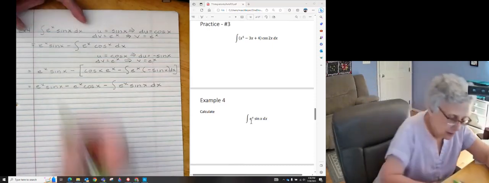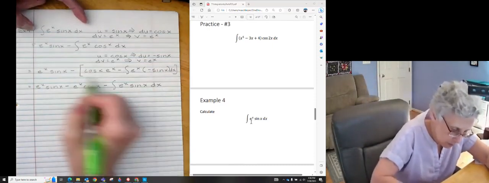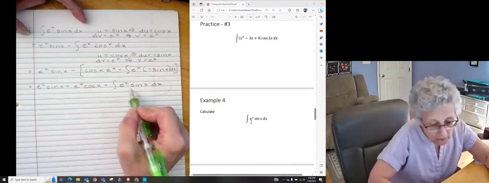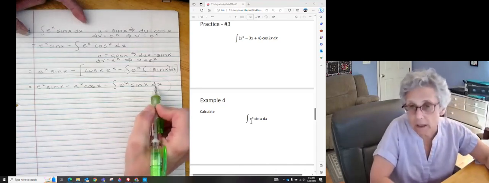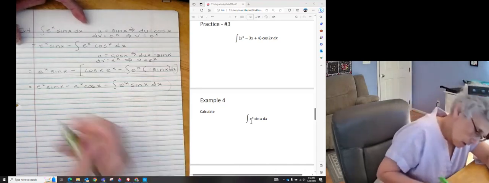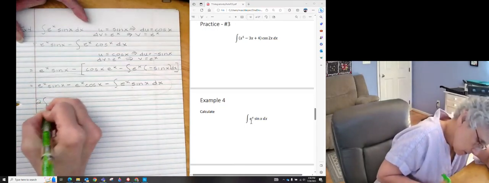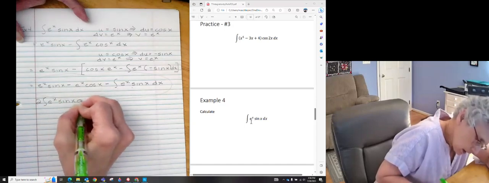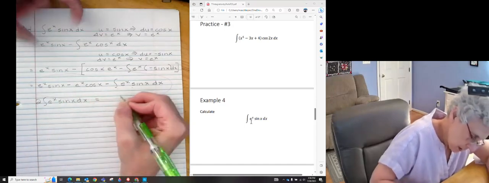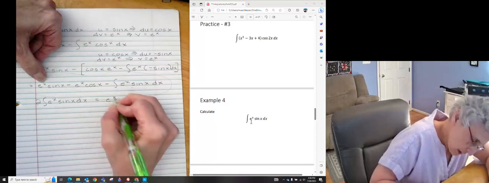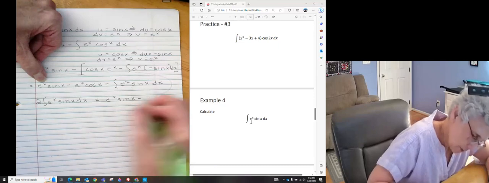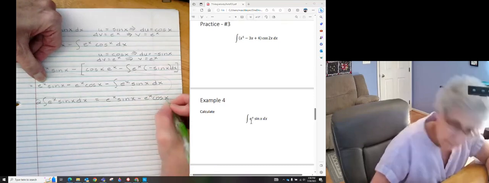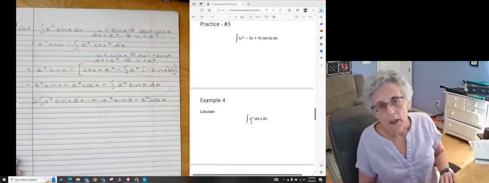So this is equal to all of this. Let's add the integral of e to the x sine of x to both sides. So 2 times the integral of e to the x sine x dx is equal to e to the x sine of x minus e to the x cosine of x.